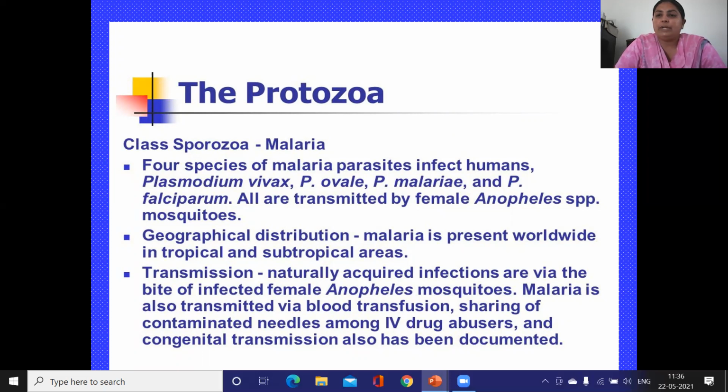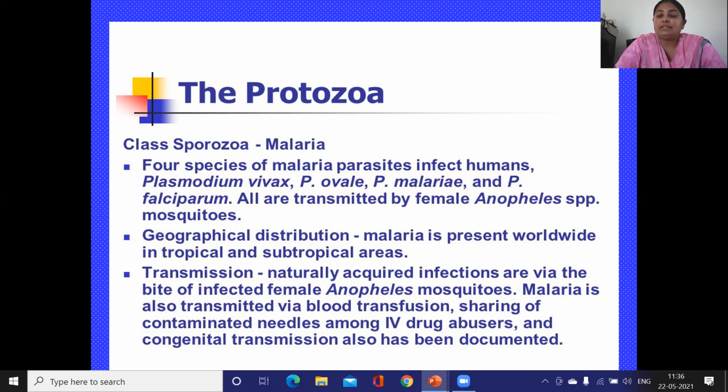These are Plasmodium vivax, Plasmodium ovale, Plasmodium malariae, and Plasmodium falciparum. As I have told you, this malarial parasite, which is a protozoan, is actually carried by a vector, and this vector is the female Anopheles mosquito. So it is transmitted by the female Anopheles mosquito.